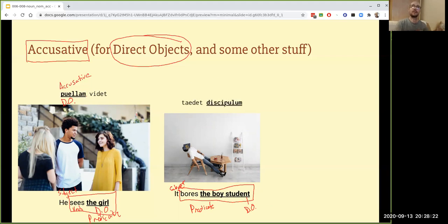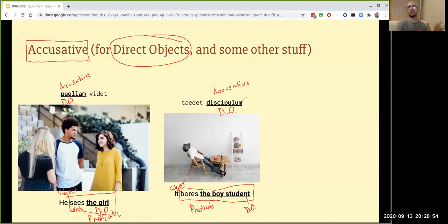So now we've got an opposite order of our words. Verb was first in the sentence, or it was second in the sentence. Sorry, verb is first in the sentence. The direct object in the accusative case was first in this sentence, and here it's second. So this is the accusative form of the word for boy, student. And because it's the accusative form, in this sentence we know it's the direct object.